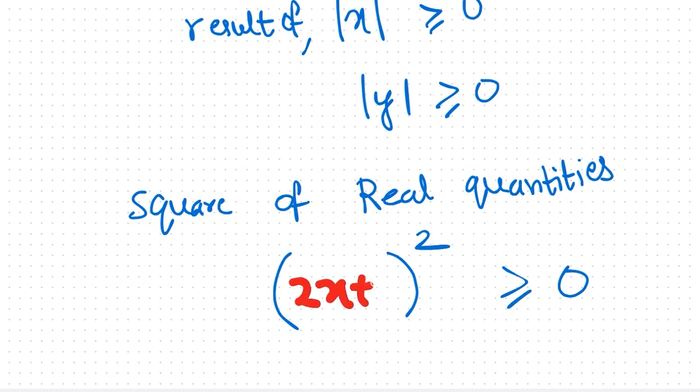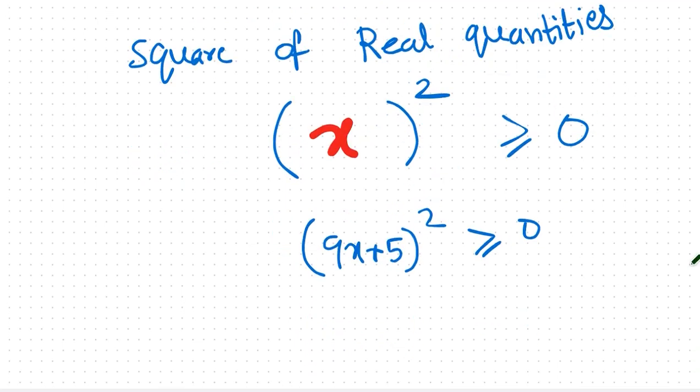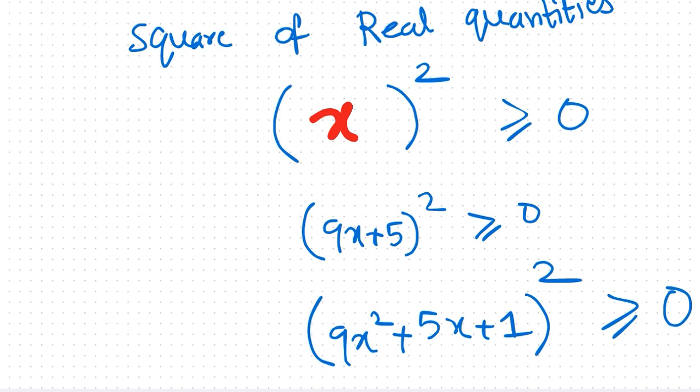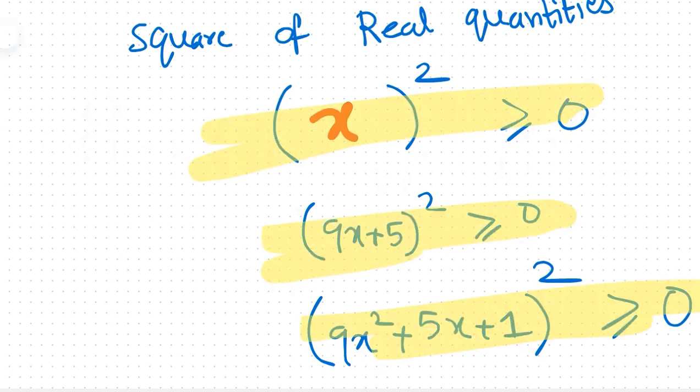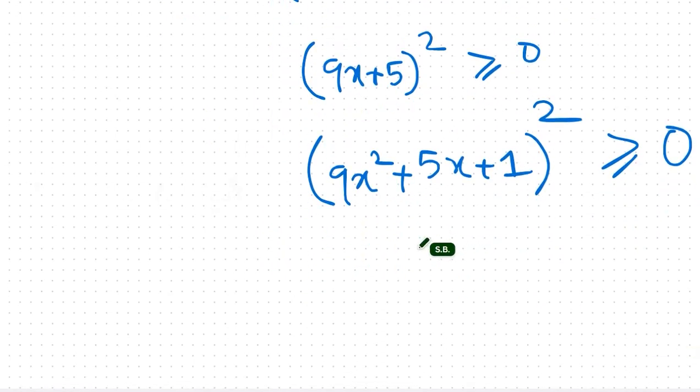Whatever you put here, 2x plus 3, 2x squared plus 9, 9x plus 5, or even ax squared, this value as a whole has to be greater than or equal to 0. This is how you can identify non-negative quantities.